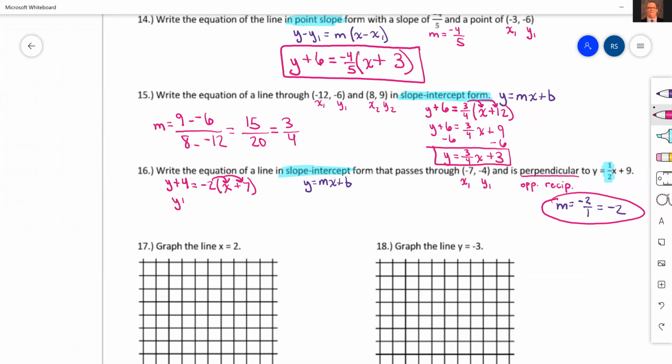I'm going to have y plus 4 equals -2x minus 14. Subtract 4. And get y equals -2x minus 18. That's my final answer.